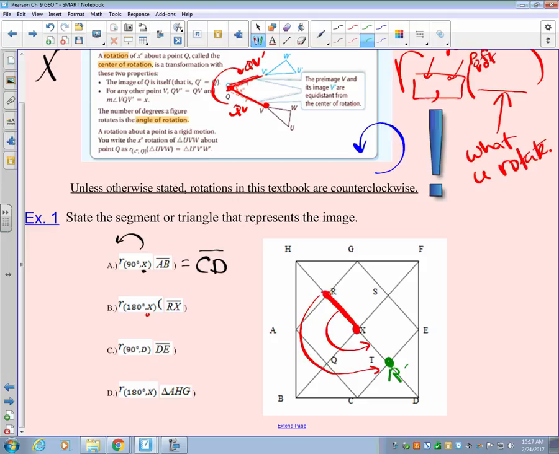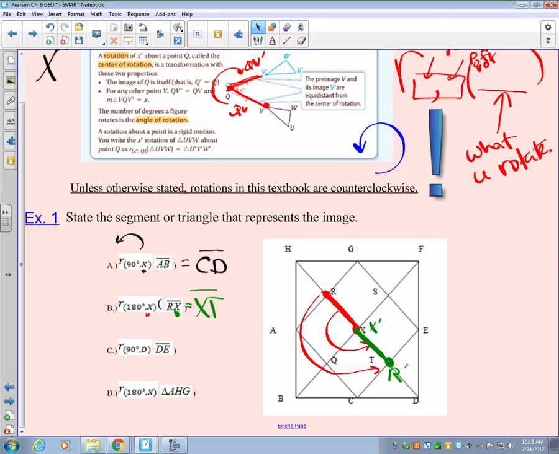Because remember, when you rotate a point and it is the point of rotation, it doesn't change. So our new figure is going to be XT. So RX is the same as XT. 180 degrees is halfway around the circle, or if you extend that line out beyond your point of rotation, it is the resulting figure.